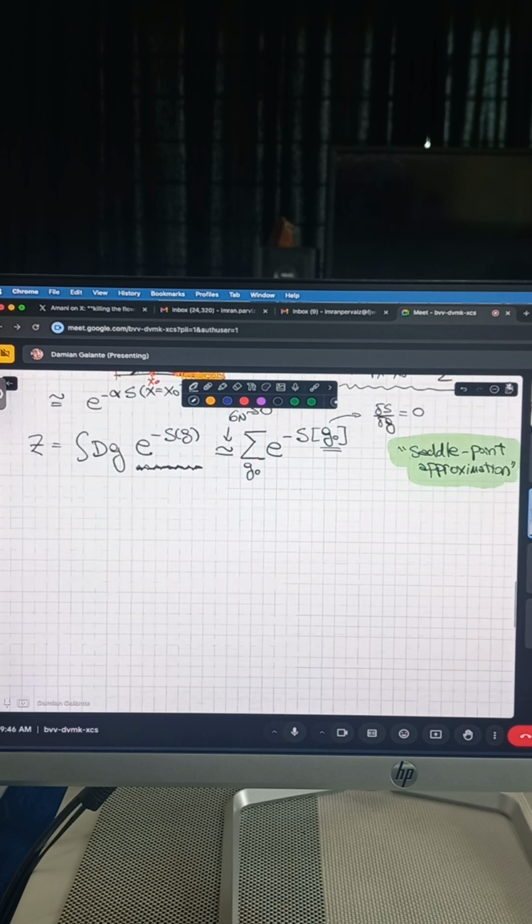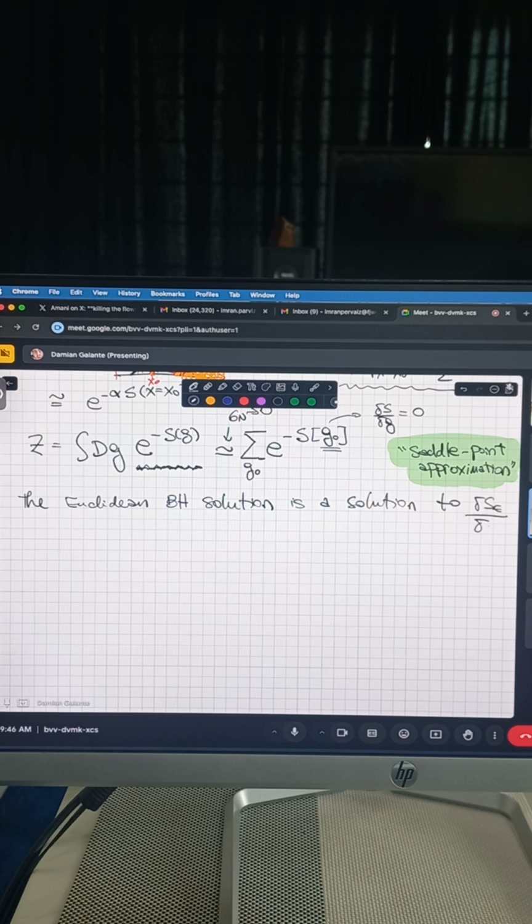Okay, so now let's do that for our black hole solution. So let me write it down. The Euclidean black hole solution is a solution to delta S_E over delta g_mu nu equals 0. So we can consider the limit of G Newton going to 0 and do the saddle point approximation for gravity.